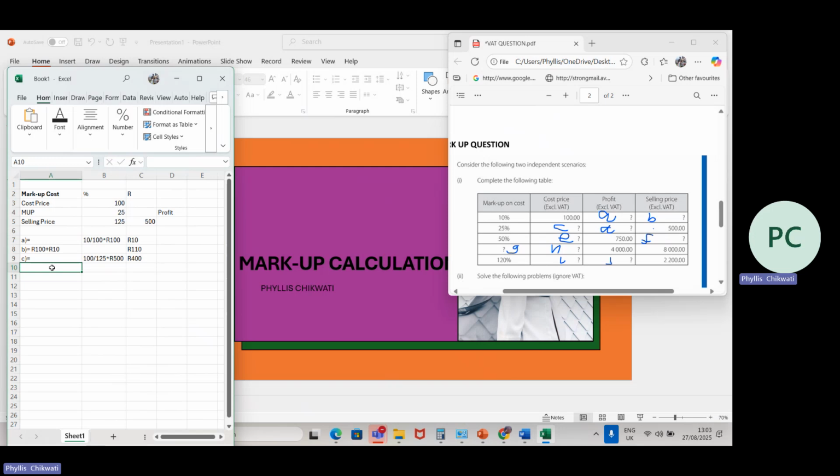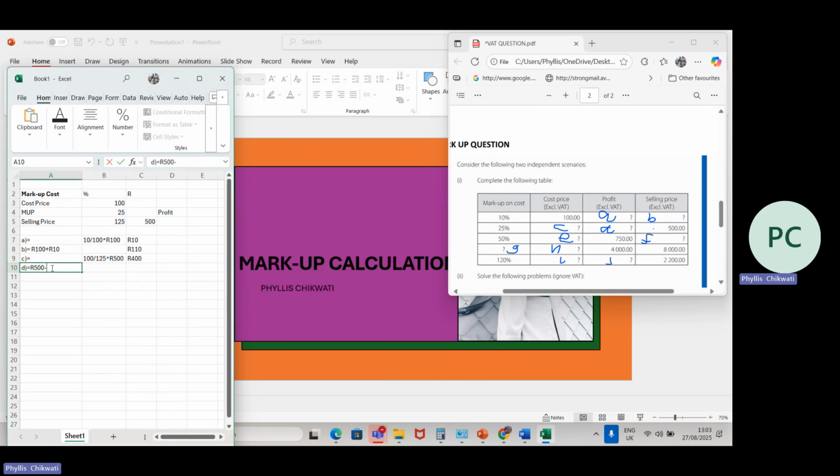Okay, so now we need also our profit. So the profit, we have two options now to calculate your profit. We already know that our cost price plus your markup or plus your profit should give you your selling price. So now we do have a selling price is 500. So it means we must work backwards. If we are going down adding, so it means we must minus going backwards.